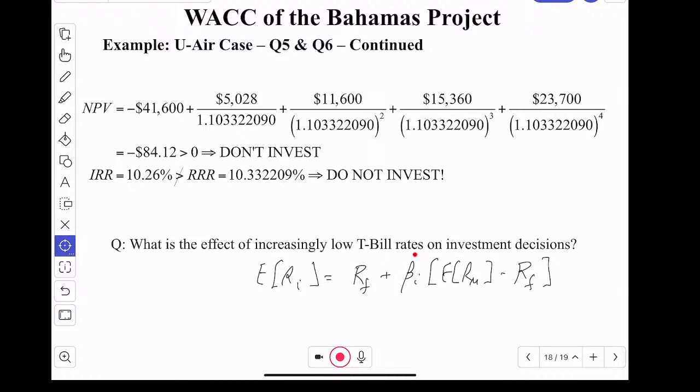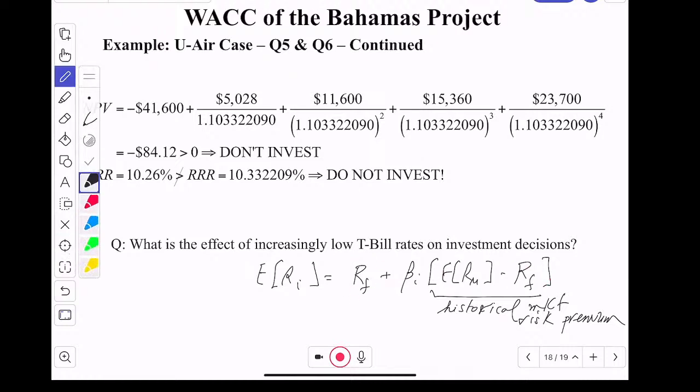So it's an incentivized investment if you believe that the CAPM holds. Remember, we used historical data for this piece, and then this one we just used the current T-bill rate.